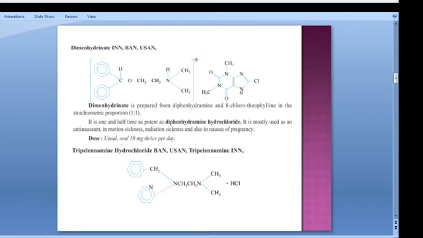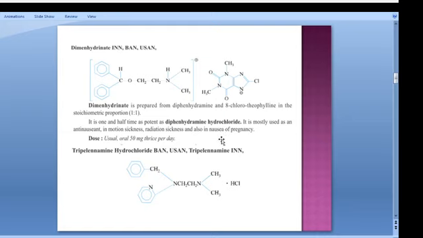You can see the structure: one part is diphenhydramine, and the other part is 8-chlorotheophylline. Dimenhydrinate is prepared from diphenhydramine and 8-chlorotheophylline in a stoichiometric ratio of 1 to 1, because diphenhydramine hydrochloride is one of the potent components.